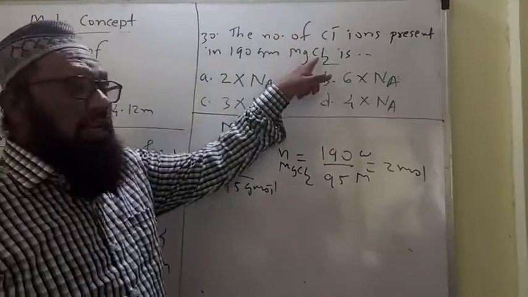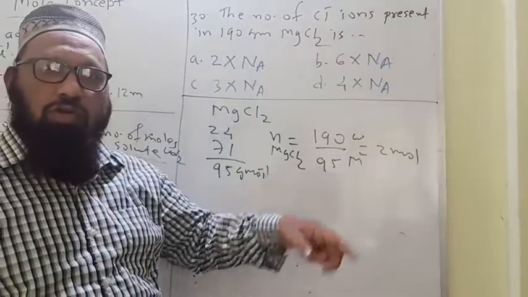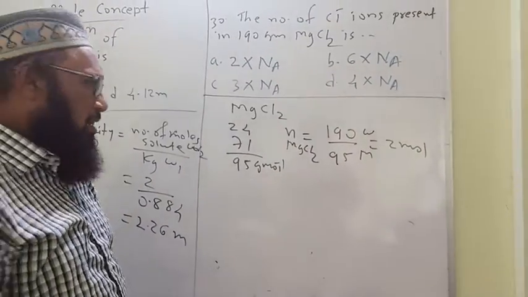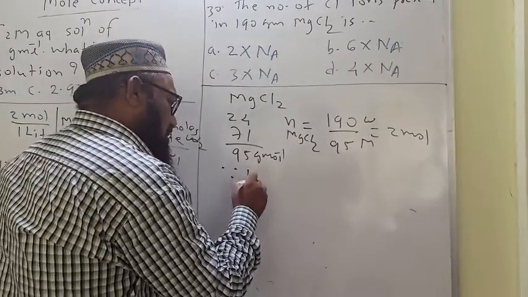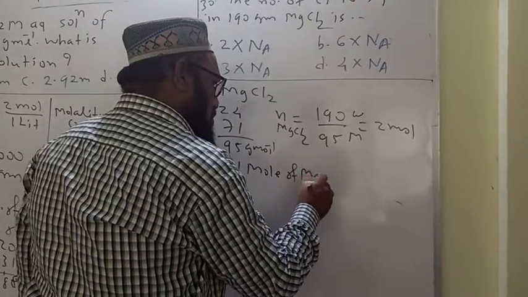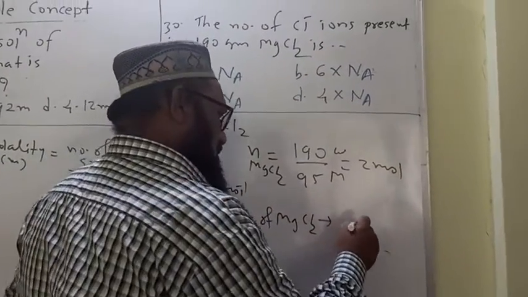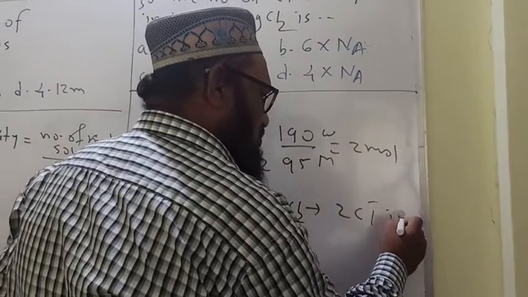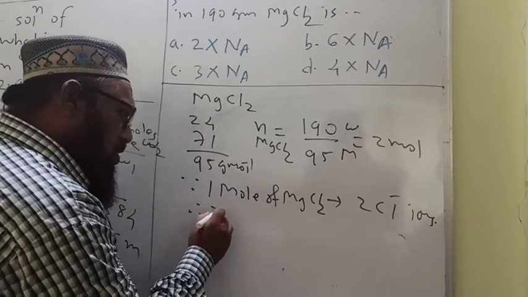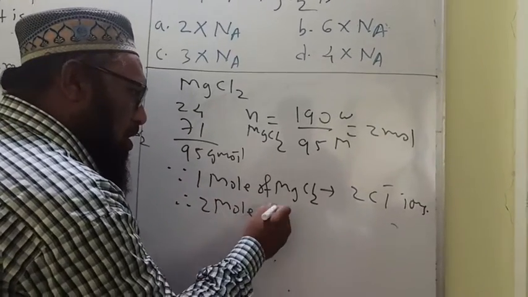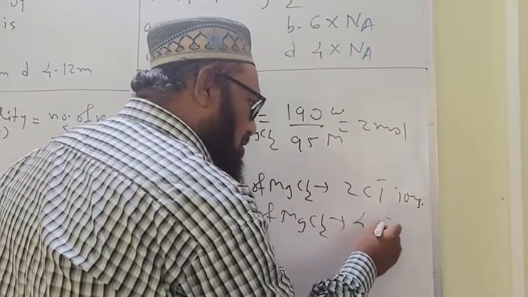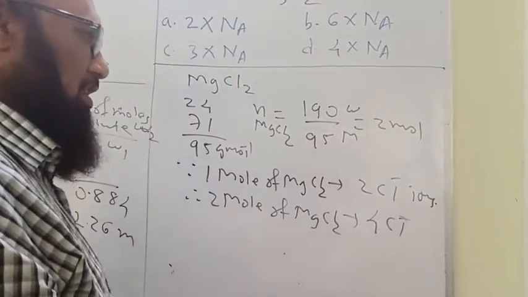190 gram of magnesium chloride contains 2 mole. Let us find out the number of Cl- ions. Since 1 mole of MgCl2 contains 2 Cl- ions, therefore, 2 mole of MgCl2 will contain 4 Cl- ions.